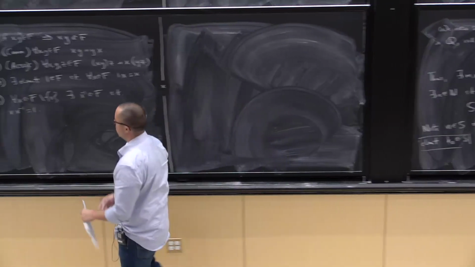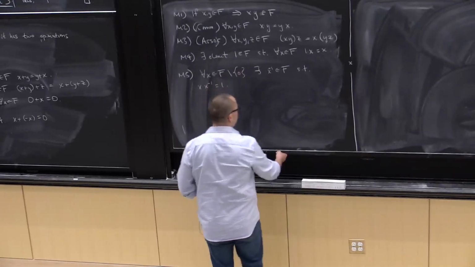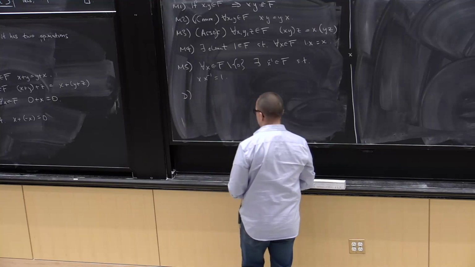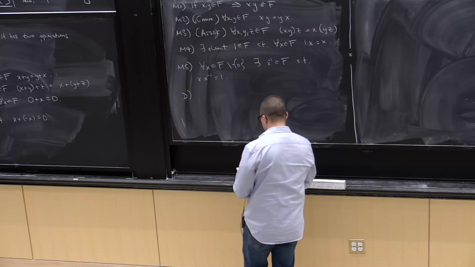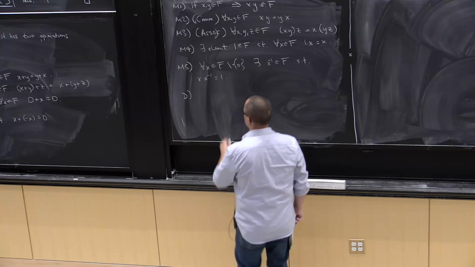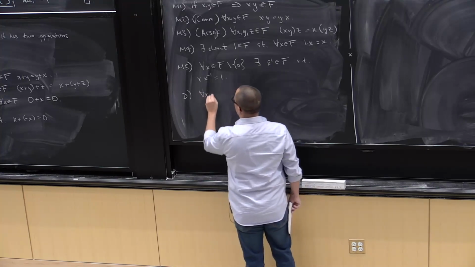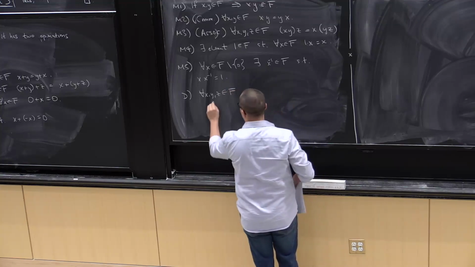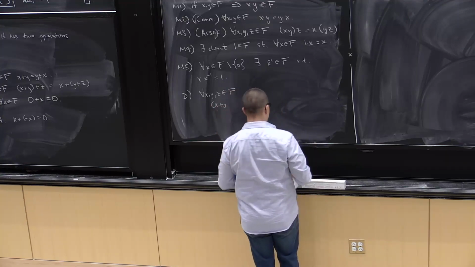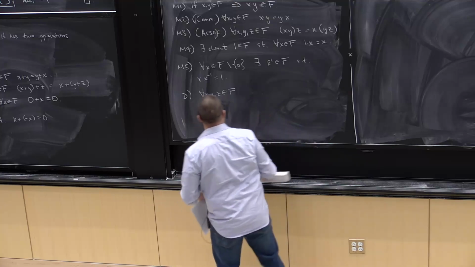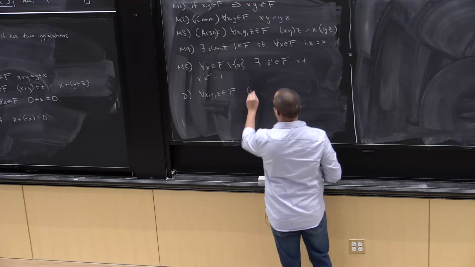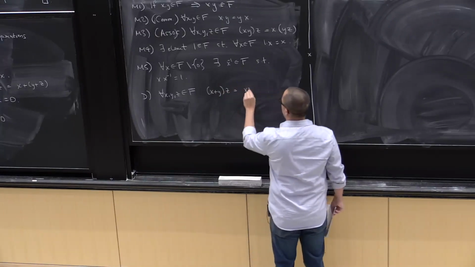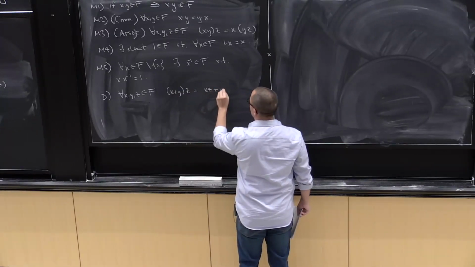There's one last assumption in the definition that connects the two, and that's the distributive law, namely that for all x, y, z in F, if I take x plus y times z, this is x times z plus y times z.